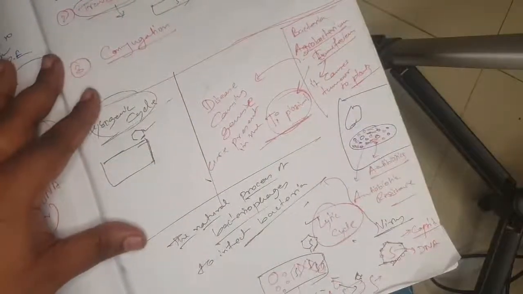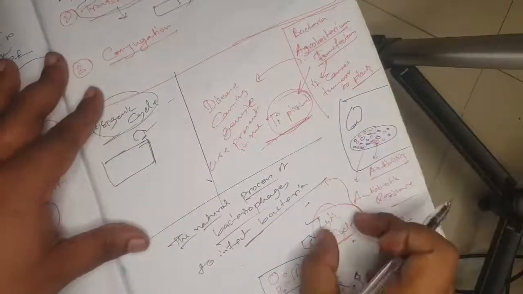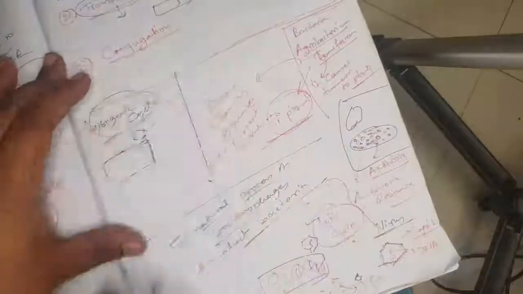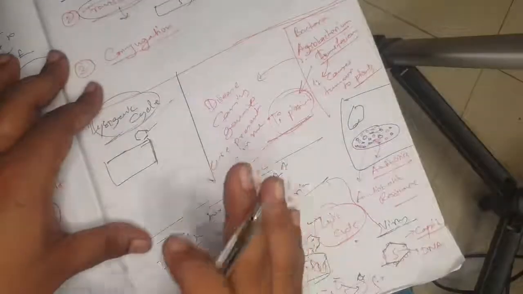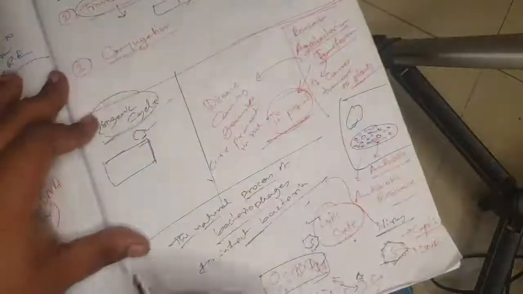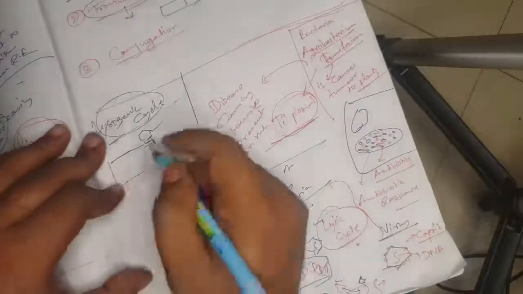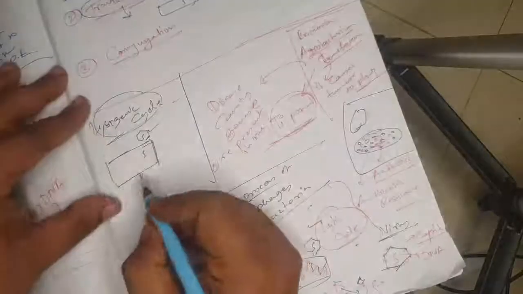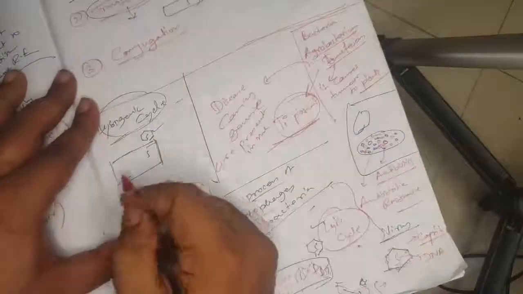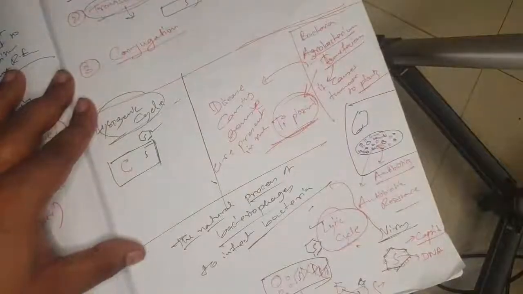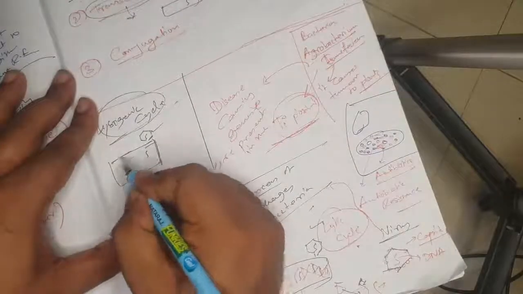I'm not writing everything, but I'm giving a lot of information, so you should remember this. In the lysogenic cycle, the DNA will insert itself into the bacterial chromosome like this.